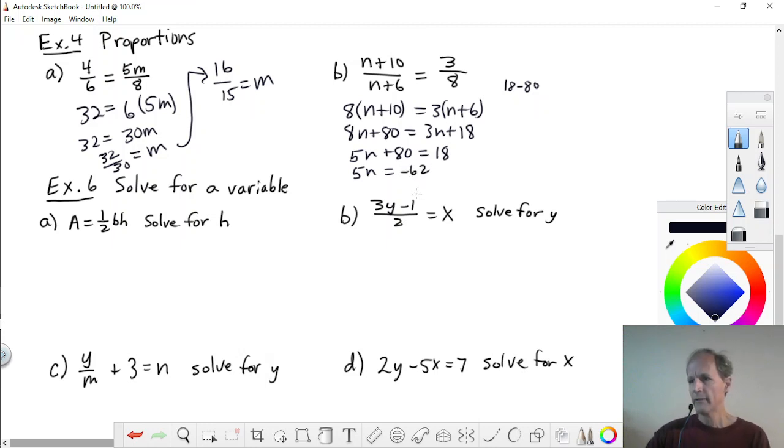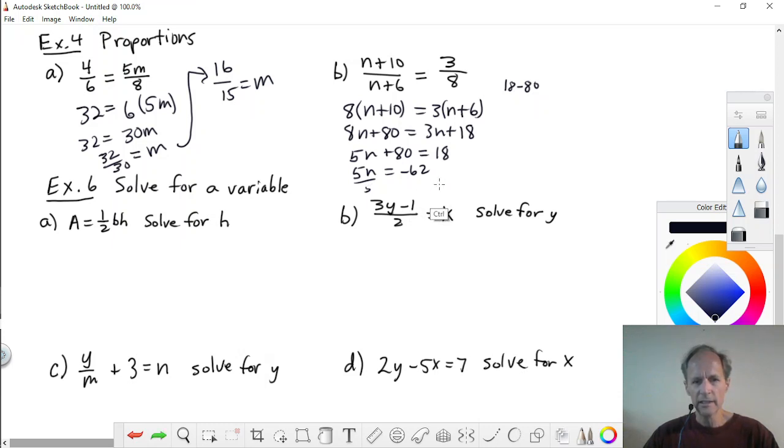And all we have left is divide both sides by 5. You can just write that right here. Divided by 5, divided by 5. But when you look at it later, that step where we had 5n equals negative 62, where's that step? The 5n equals negative 62 is gone. I really suggest leaving that there, just so that you can look back over it later.